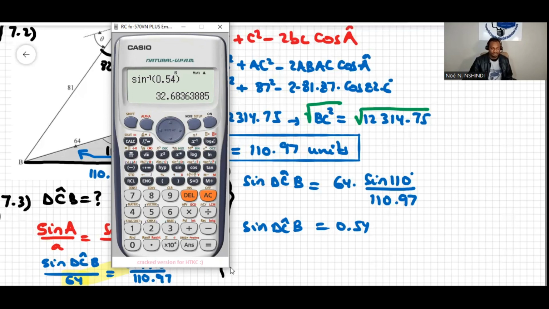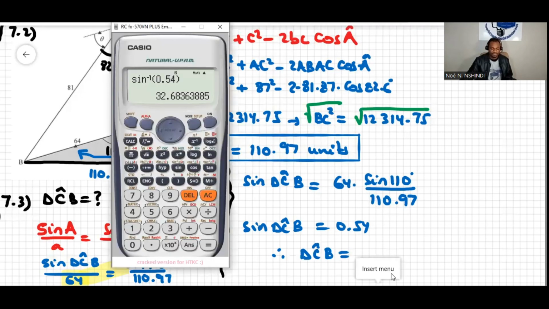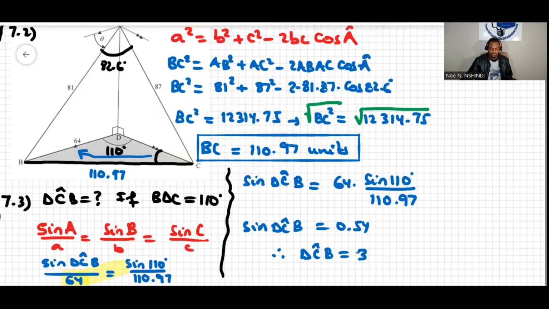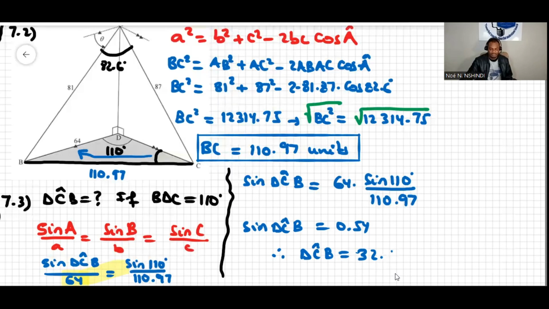So we can say therefore the angle DCB equals 32.68. The answers may seem slightly different, but you're still going to get marks as long as the process is the same, and your final answer is 32 point something. So this is the correct final answer. Thank you.